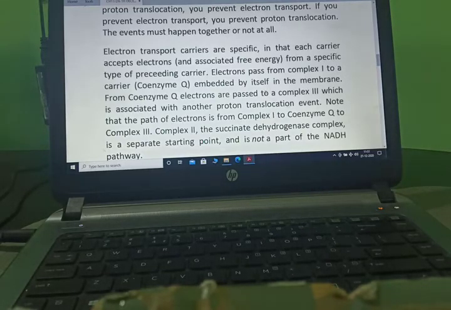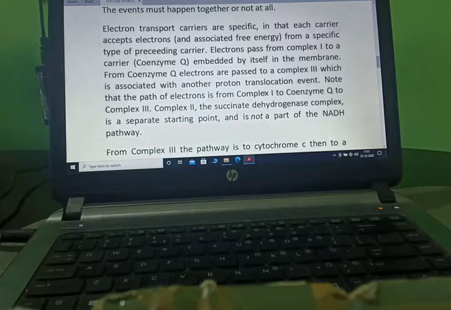Electrons pass from complex 1 to a carrier embedded by itself in the membrane, coenzyme Q. From coenzyme Q, electrons are passed to complex 3, which is associated with another proton translocation event. Here it is to be noted that the path of electrons is from complex 1 to coenzyme Q to complex 3.